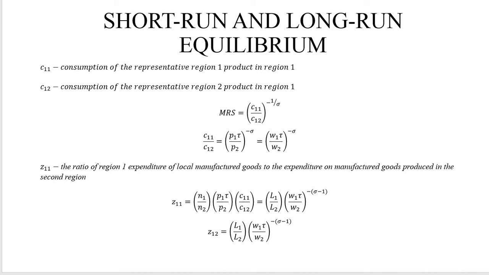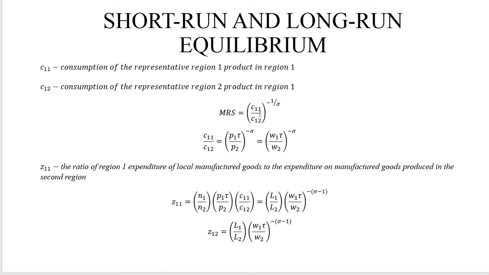So you have to calculate the marginal rate of substitution, which again is calculated as the ratio of first derivatives of the aggregate consumption function with respect to these variables. And this is what you get.